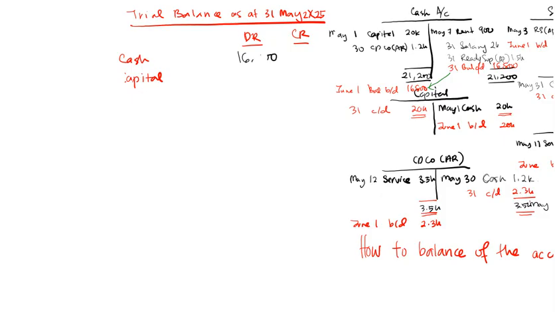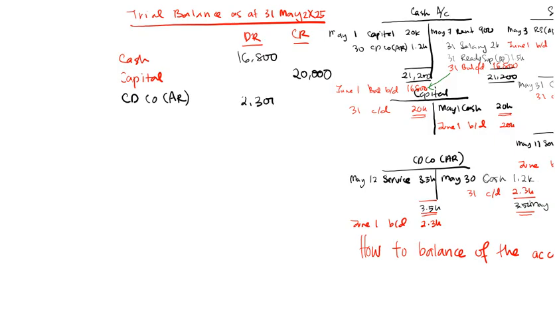Next, we have capital. Capital has a credit balance. City Company, AR, an asset, will have a debit balance, 2,300.